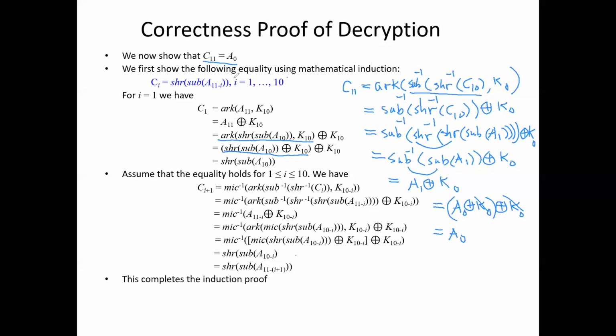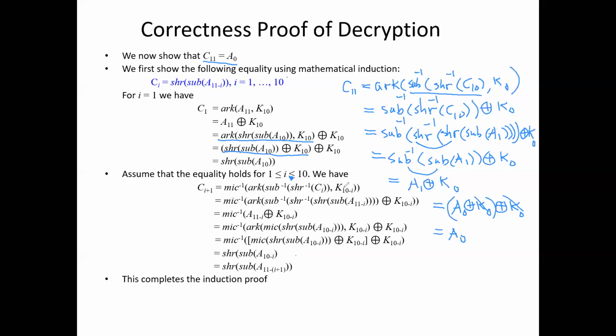So this should be strictly less. Okay, so get rid of that, strictly less than 10. Then we do C sub I plus 1. So when I is less than 10, we have these 4 operations.